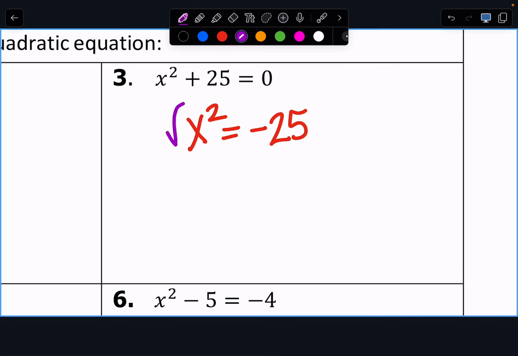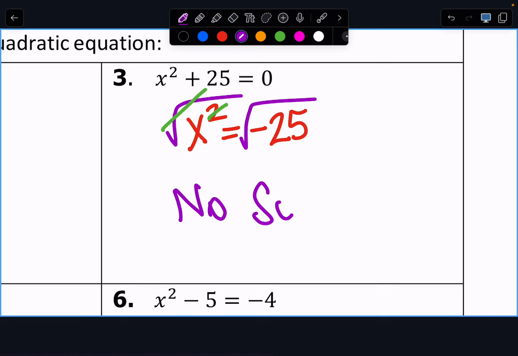What happens when we try to square root both sides? We cannot have a negative under our square root. So if this happens, we have to say no solution, which we know is possible. In this case, we have a parabola opening up where the vertex is above the x-axis. It's not crossing the x-axis. We don't have a solution. Okay?